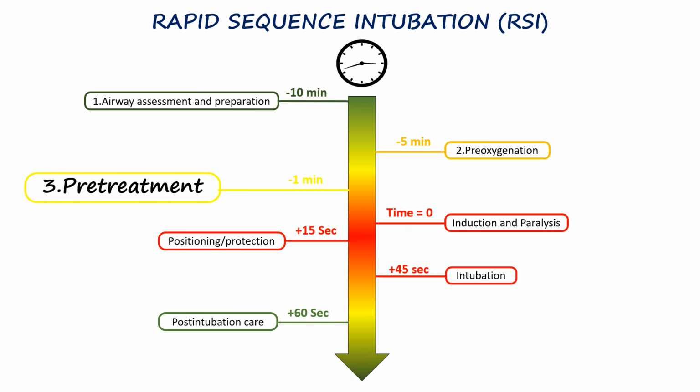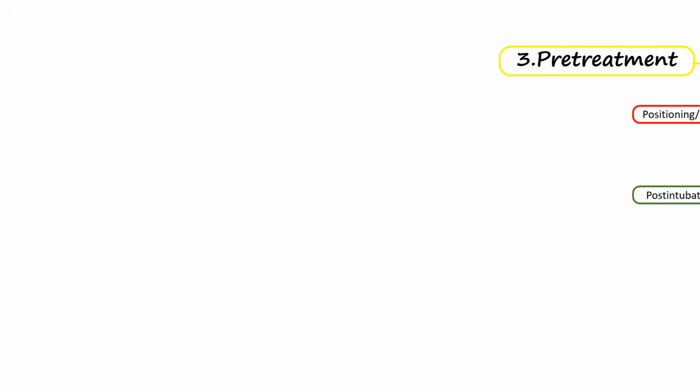The third step in RSI is pretreatment or premedication, which refers to the administration of specific medications before induction agents and neuromuscular blockers. The aim of pretreatment is to mitigate sympathetic responses to laryngoscopy and intubation like hypertension, tachycardia, and ICP rise.